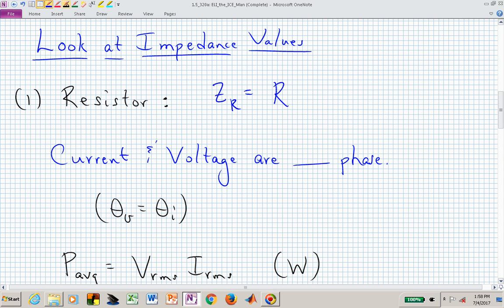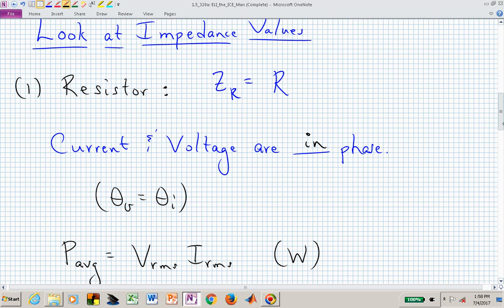Which means that if we now look at the voltage-current relationship using Ohm's law, V is equal to IR, we see that R is a constant, so the current and the voltage are in phase. Voltage and current just differ by this resistor value.